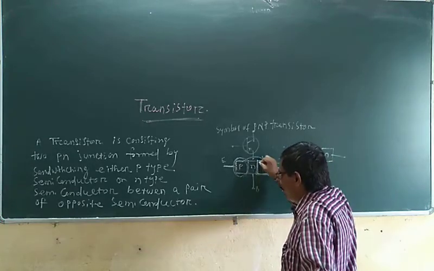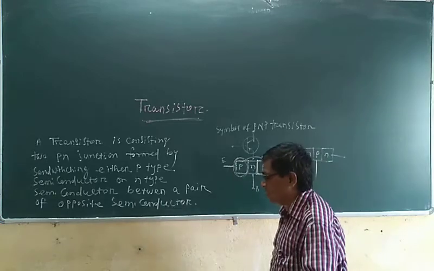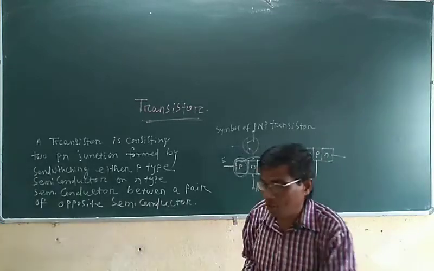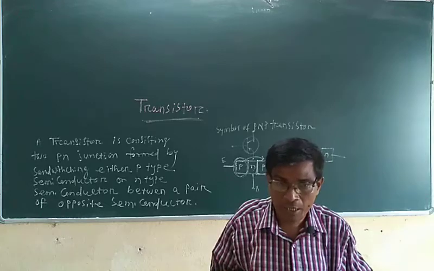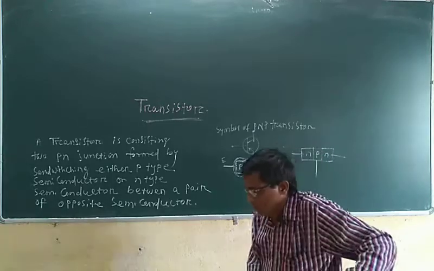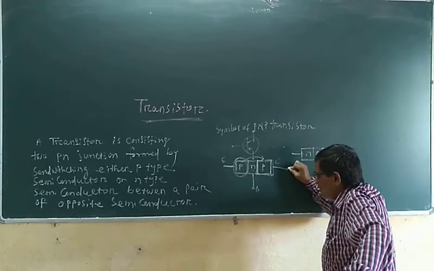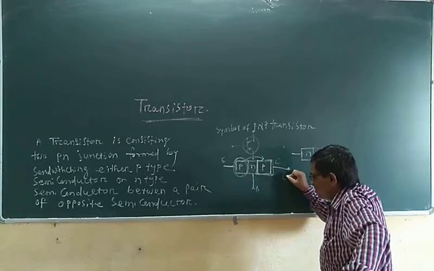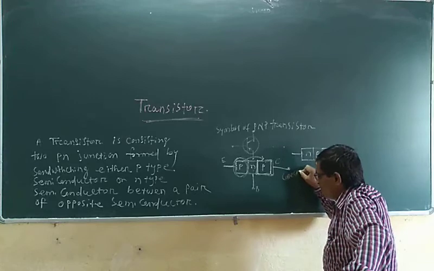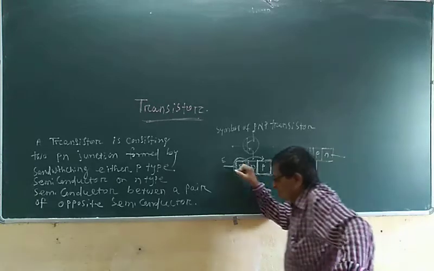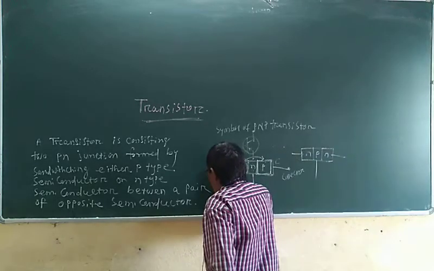Due to collection of electrons, it is known as collector of a transistor. Now, this terminal is named as collector, and this terminal is named as emitter.